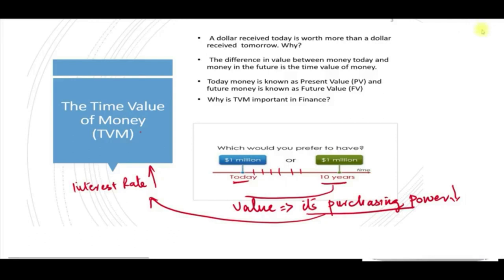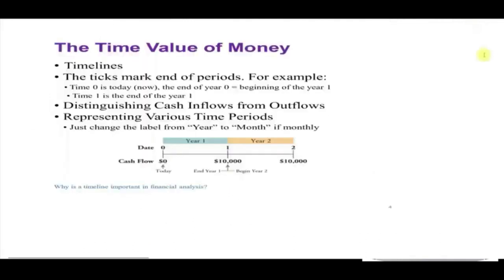So given this underlying factor, we are going to classify into simple interest rate and compound interest rate. That is the basis of discussion. Now, this is just for your understanding. When we discuss time value of money, we have to show a timeline.